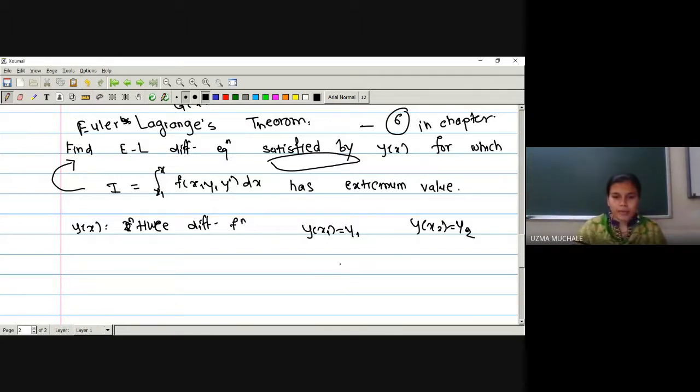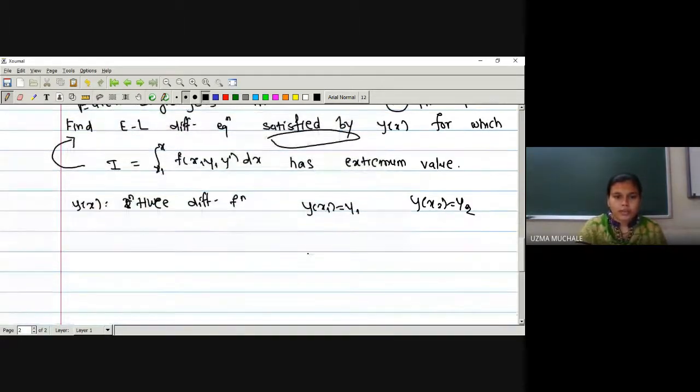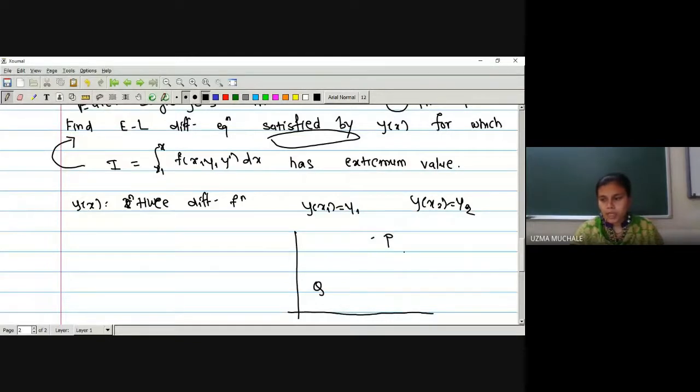For that, let me take the integration value provided to us in the last lecture, at the start of the variational principle. We have seen that we consider 2 points, say P with coordinates x1, y1, and Q with coordinates x2, y2.